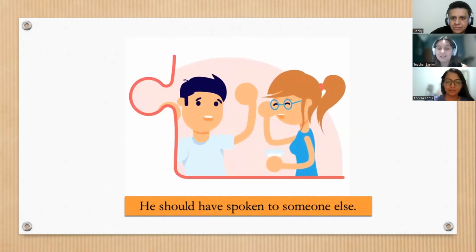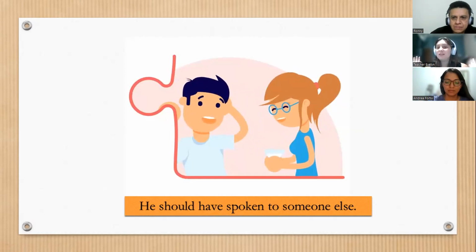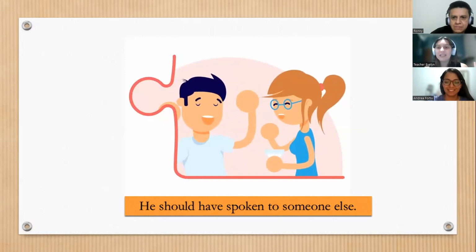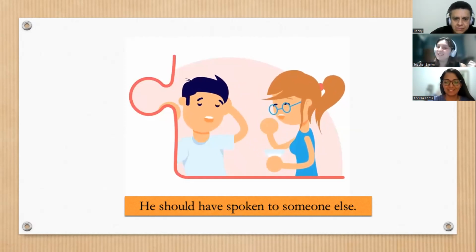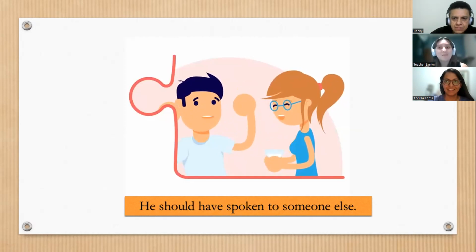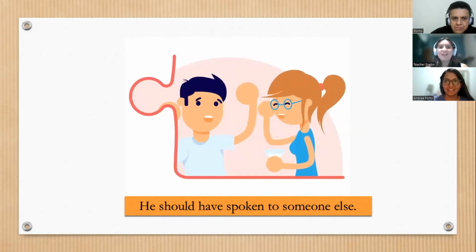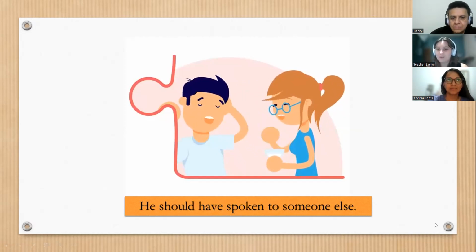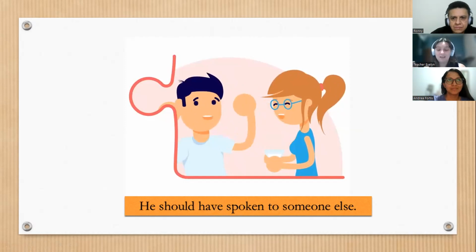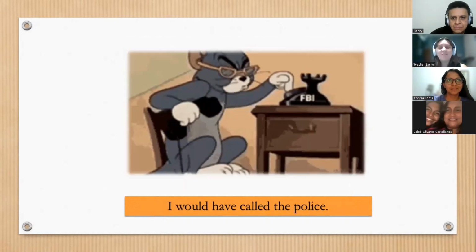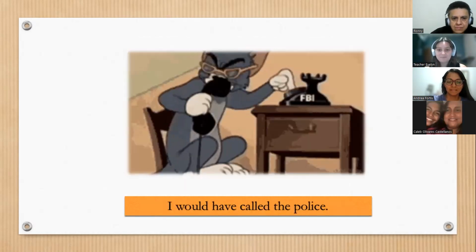In this case, it's a suggestion. Maybe this person already did things wrong or in a way that wasn't the best one. So we are giving a suggestion, right? He should have spoken to someone else, about anything, okay?